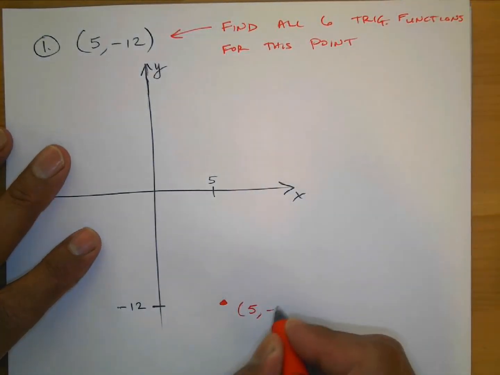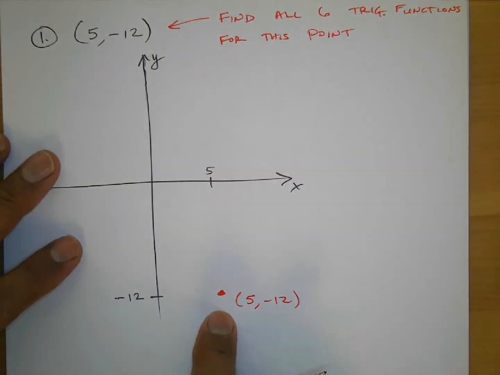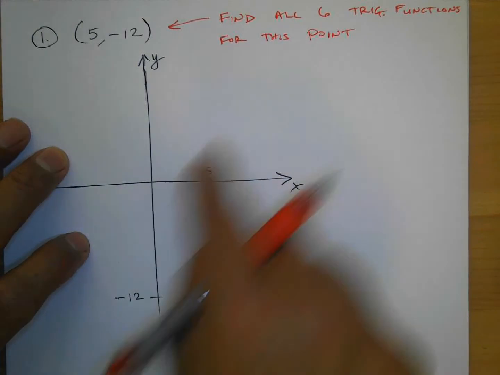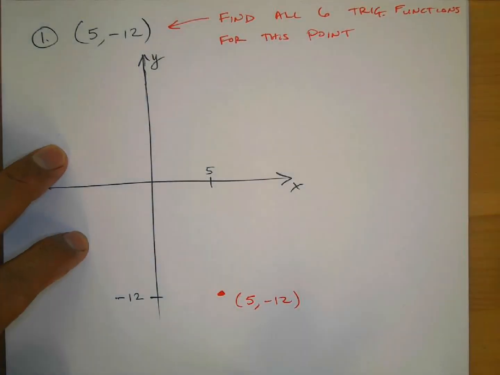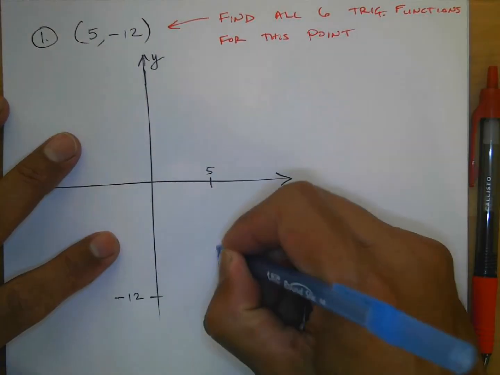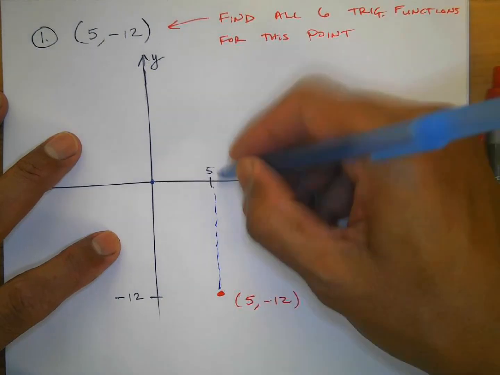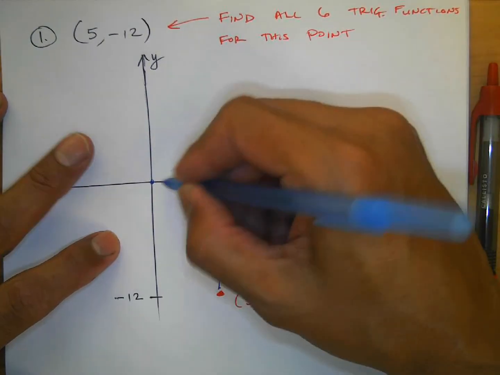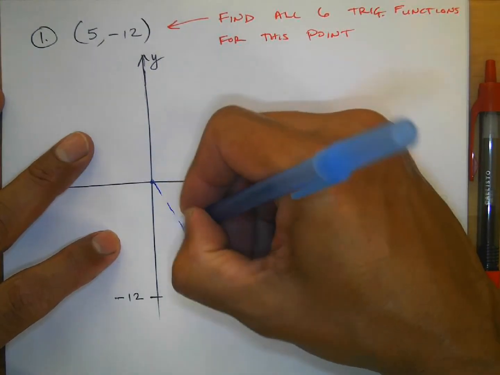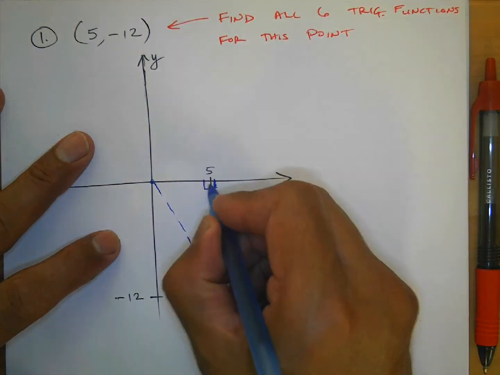That's the point, 5, -12. That's the only thing that's true, this point. But because I need a triangle to do these ratios, you're going to drop this down and go like this, always drop it to the x-axis, don't go across to the y-axis. And then I'm going to imagine the triangle. I need to see a triangle here, right?